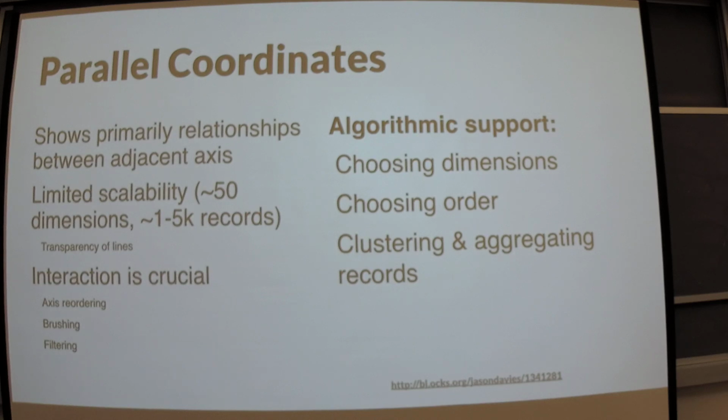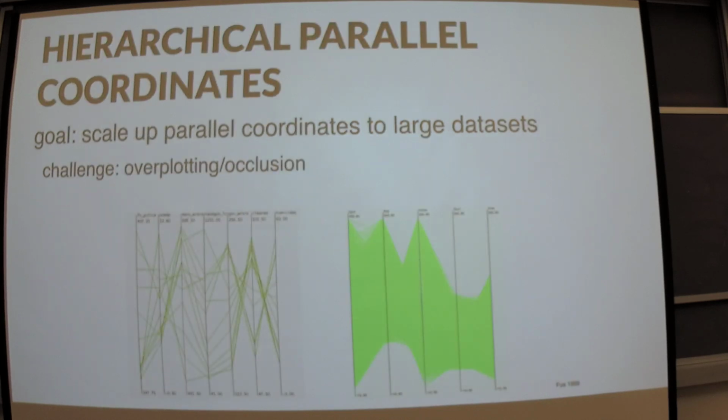And in terms of algorithmic support, I can use something to choose dimensions, to choose the order. I can optimize the ordering of these parallel coordinates so that I always see an interesting pattern. And I can use clustering and aggregation of records to make it more scalable. So here's an example where clustering is used to plot a very dense data set.